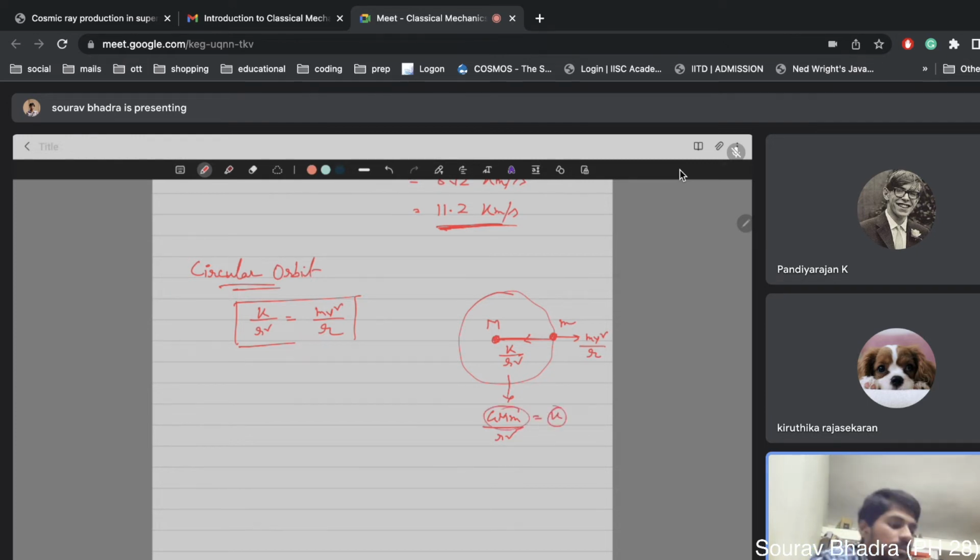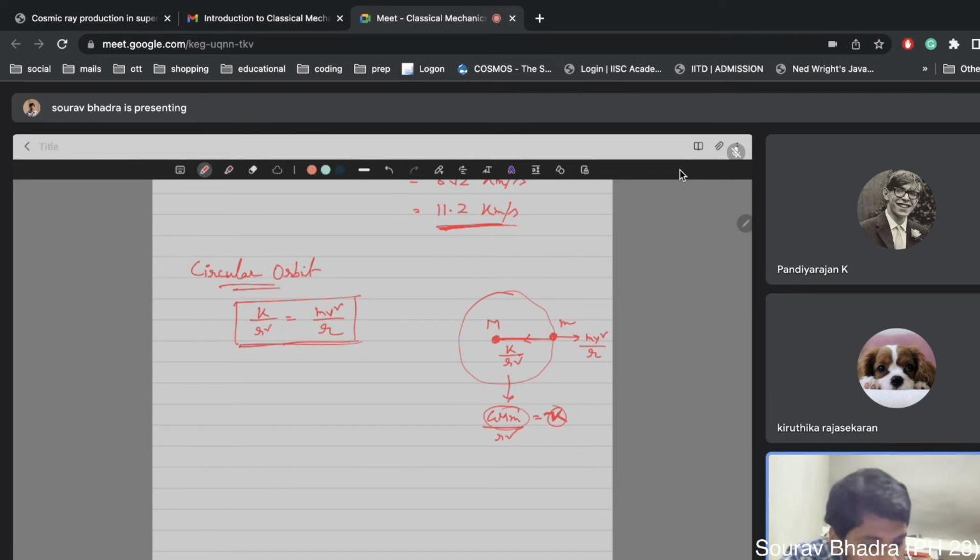K can be anything. If it is electrostatic force, then k will be q1 q2 by r square, where q1 and q2 are the charges of those two particles. So for now, let us consider k as a general quantity, not GMm. This equation follows.